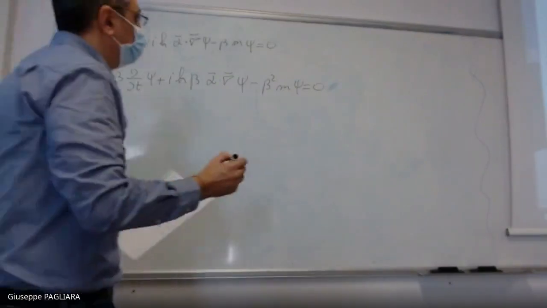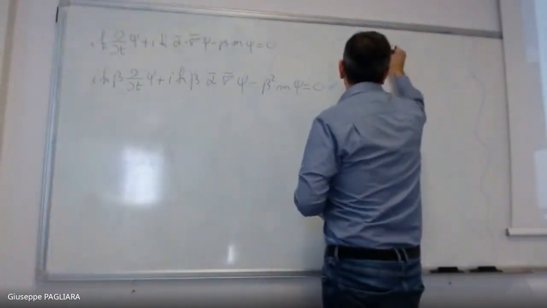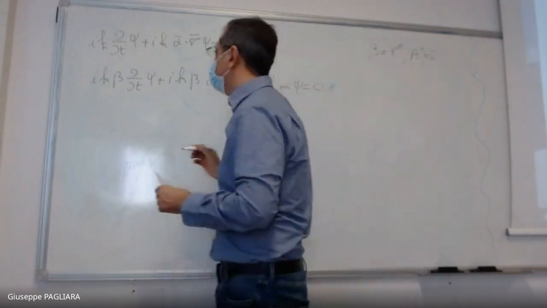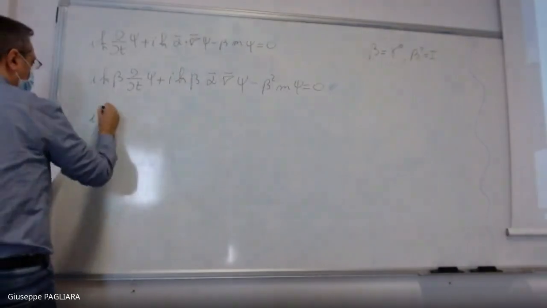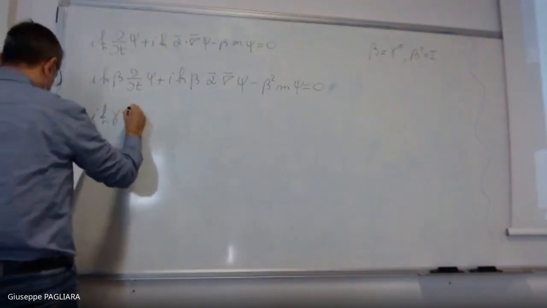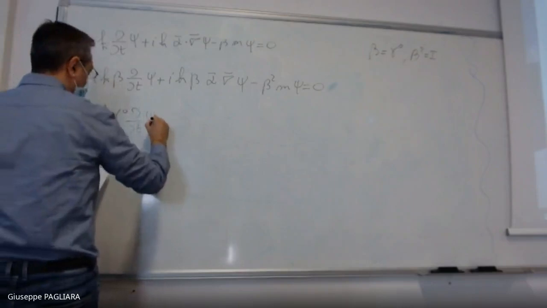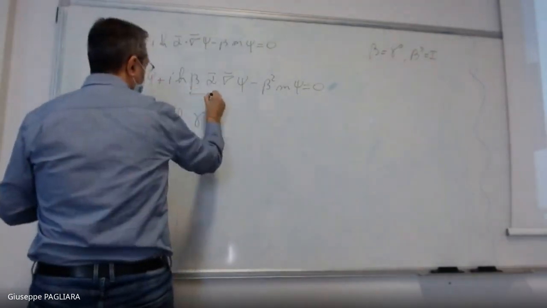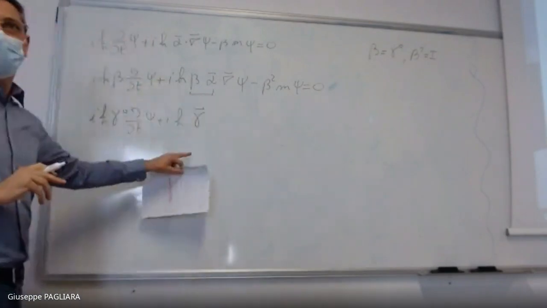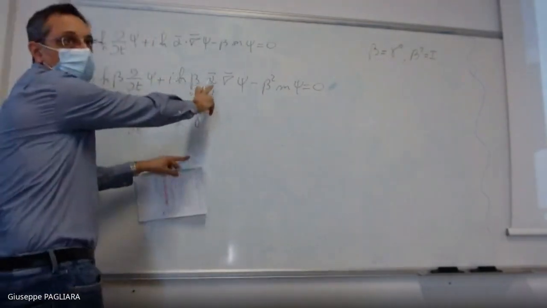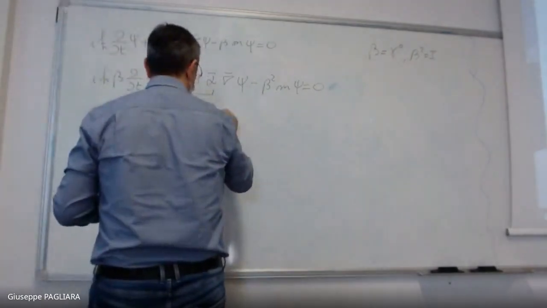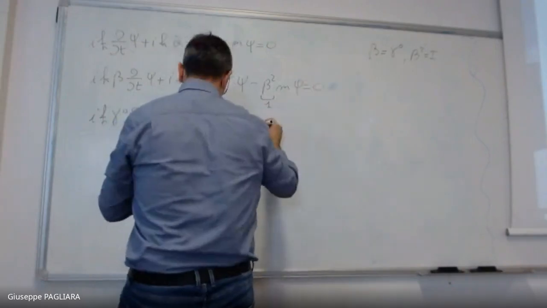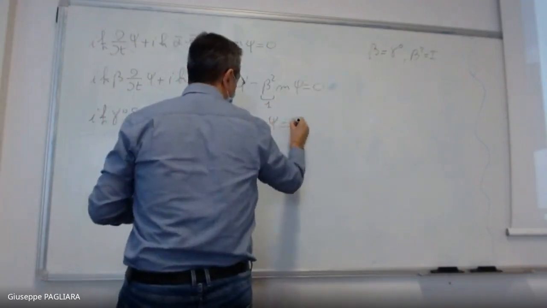Now you remember that beta corresponds to gamma 0, and that beta squared is just the identity matrix. So we can write this as i h bar gamma 0 partial t psi plus i h bar, where beta times alpha becomes the gamma vector, dot nabla psi, minus, this is 1, or more correctly the identity matrix, m psi equals 0.